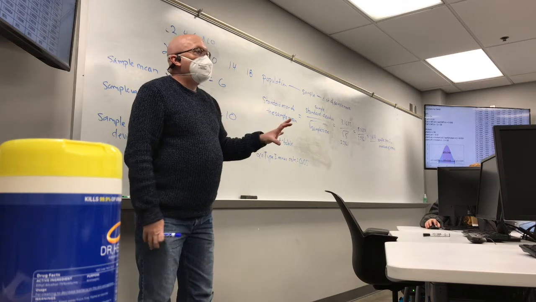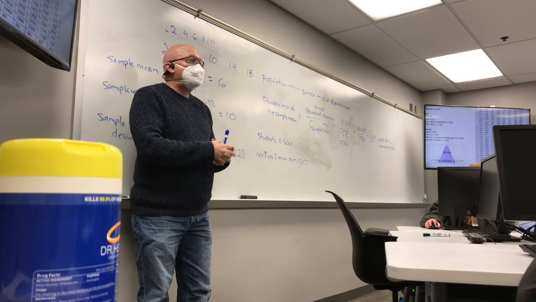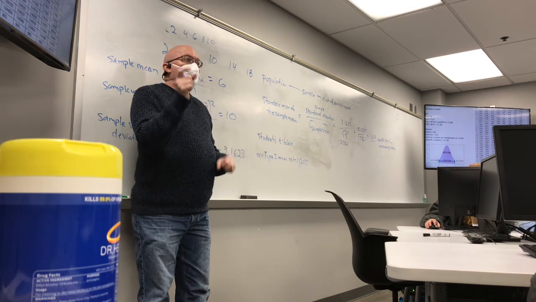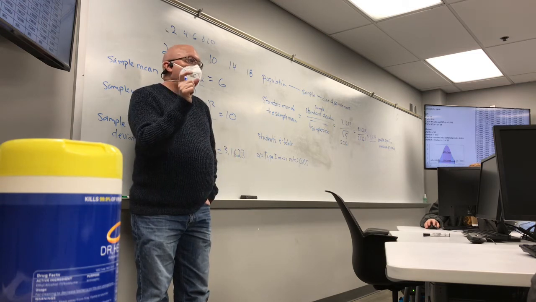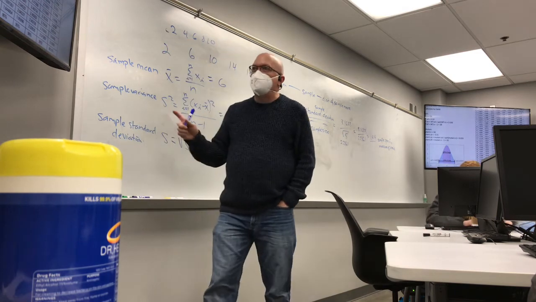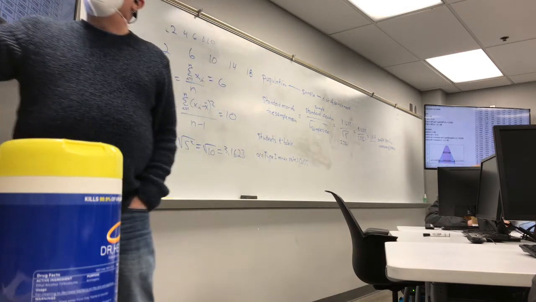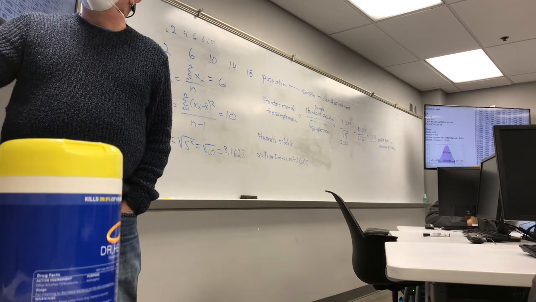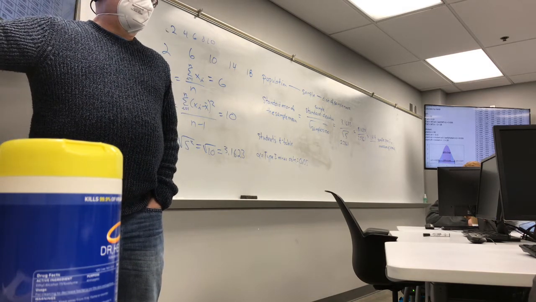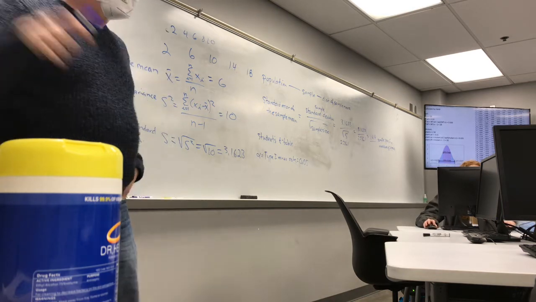Well, if your sample is infinite in size, 5%, which means 95% of the confidence interval, 95% of the sample means is within 1.96 standard deviations of the distribution of sample means.